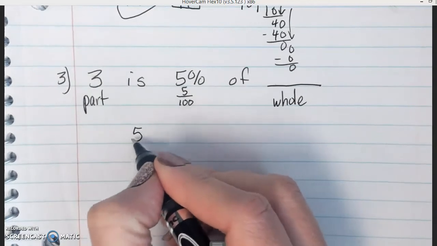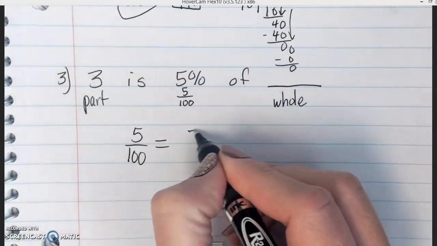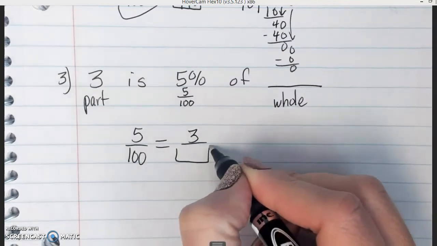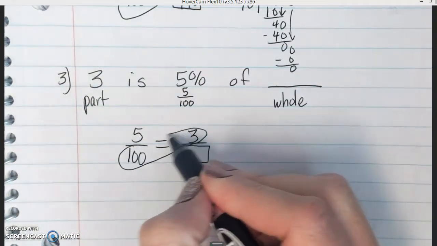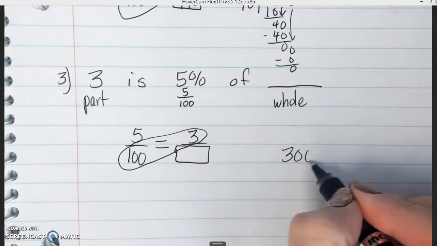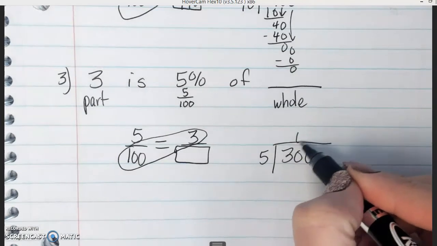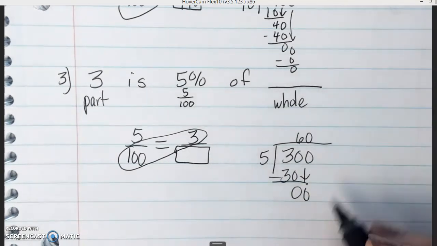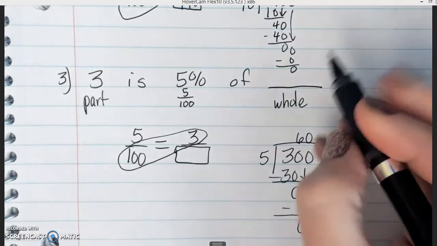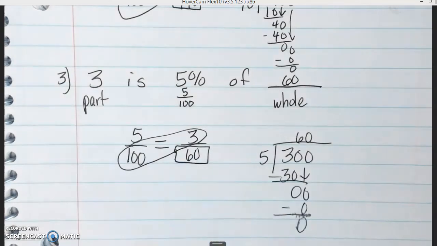So we have 5 over 100 is equal to your part over your whole, which is our unknown. I'm going to multiply 100 times 3 to get 300, and then I'm going to divide by 5. So we get 60 as our whole. So 60 is the unknown number.